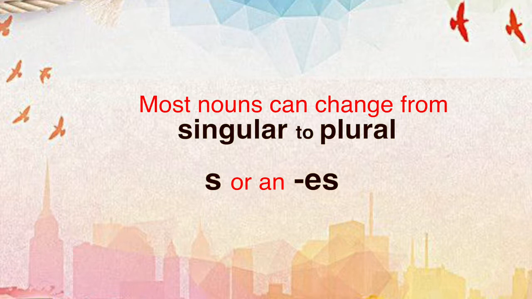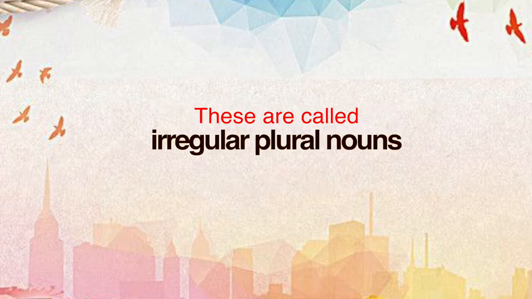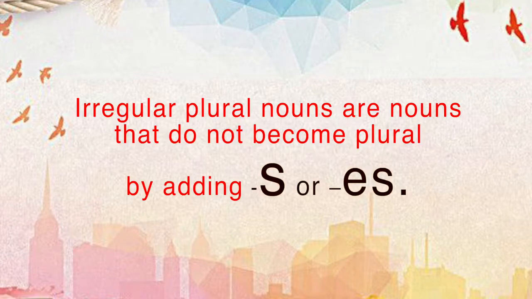However, some nouns choose to be very difficult and can have a wide range of different endings when changed to their plural form. These are called irregular plural nouns. Irregular plural nouns are nouns that do not become plural by just adding an s or es. You might already be familiar with many of these.